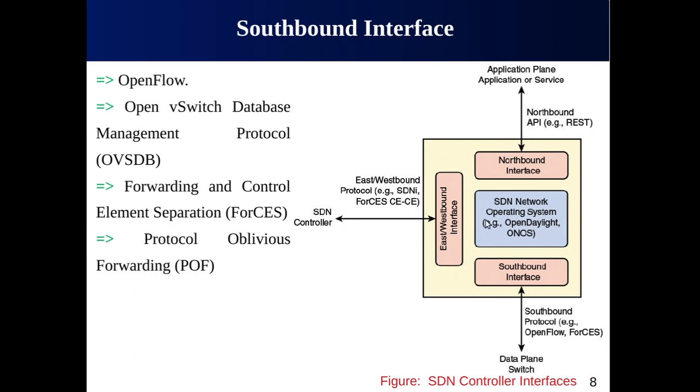Some controller products in configuration support only a single southbound protocol. However, a more flexible approach is to use a southbound abstraction layer. In operating systems, you must be familiar with the concept of middleware.